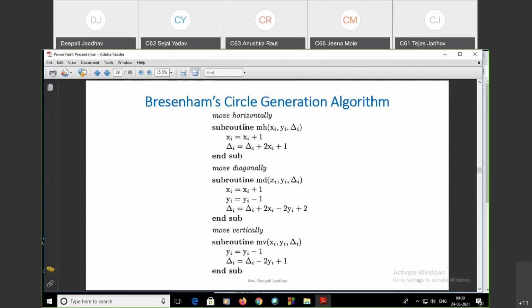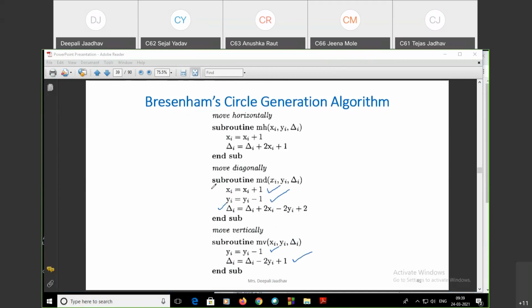In MH we increase the X value, Y remains as it is, and again we calculate delta I. In diagonal, we increase the value of X by 1 and decrease the value of Y by 1, and again we calculate delta I. In vertical, we decrease the value of Y by 1, X remains as it is, and we calculate delta I. And here we finish the algorithm.